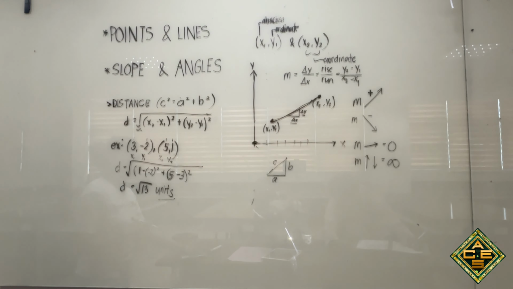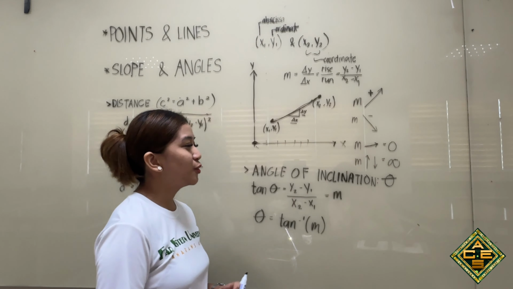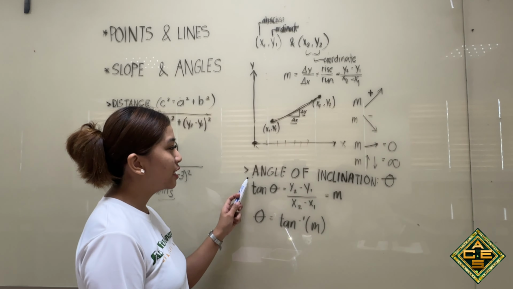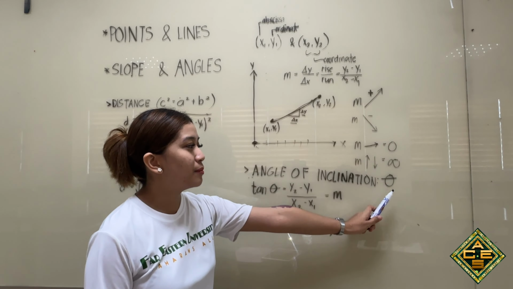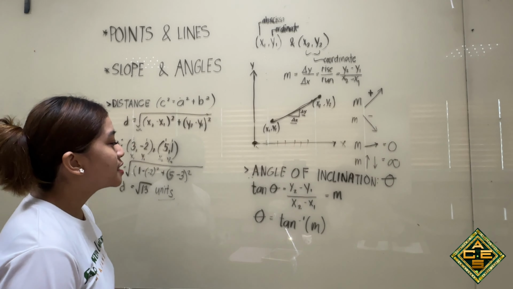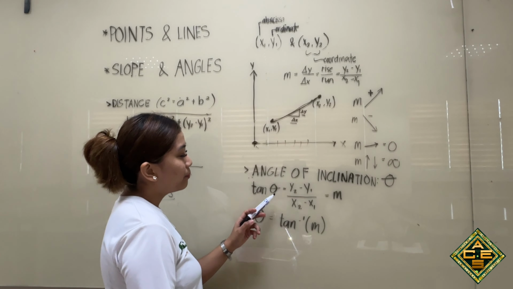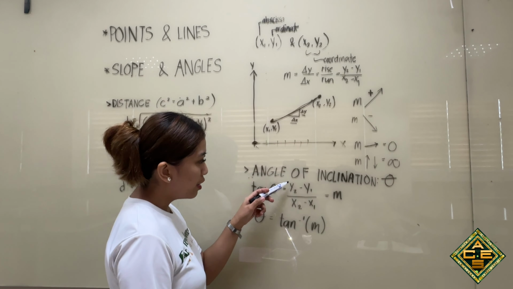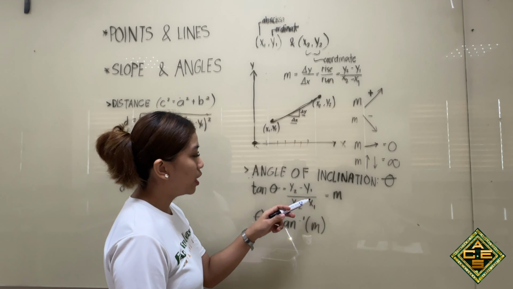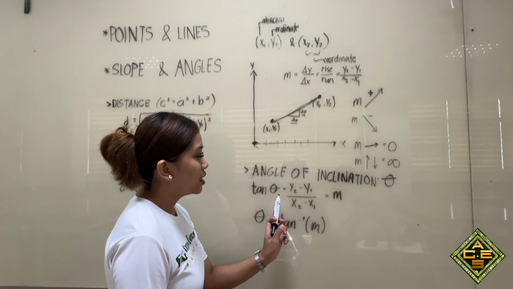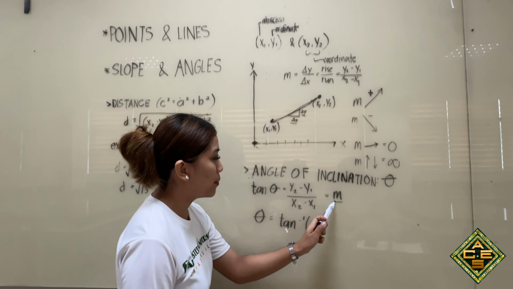Okay. So now we move on to another thing under analytic geometry, which is the angle of inclination represented by theta. It says that the tangent of theta equals y sub 2 minus y sub 1 all over x sub 2 minus x sub 1, which is equivalent to m.